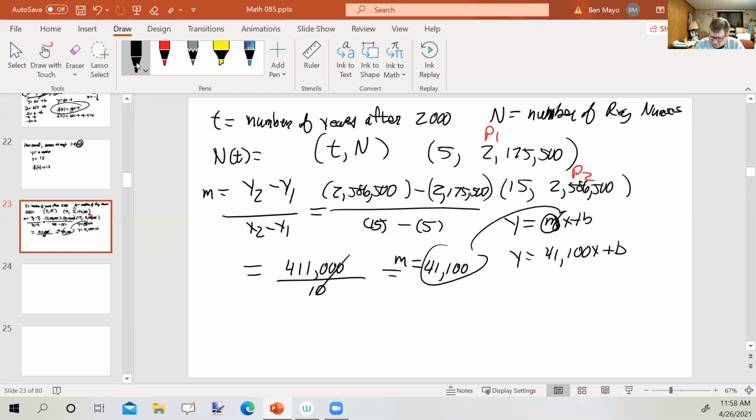I've got two ordered pairs. I can use either one. I'll use this second one here. So that's going to go in the place of x, and that's going to go in the place of y. So I've got 2,586,500 equals 41,100 times 15 plus b.